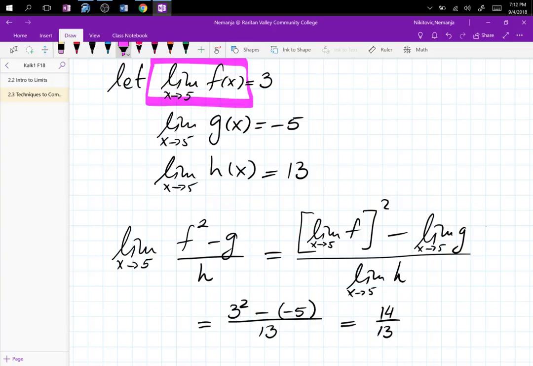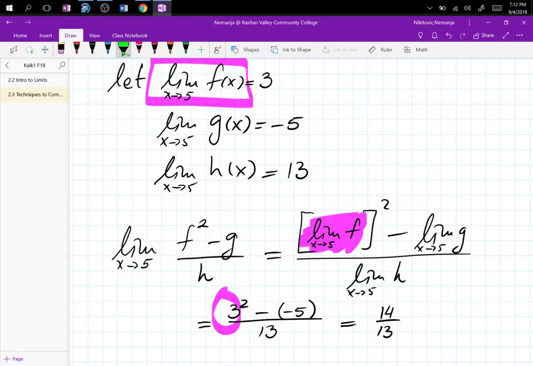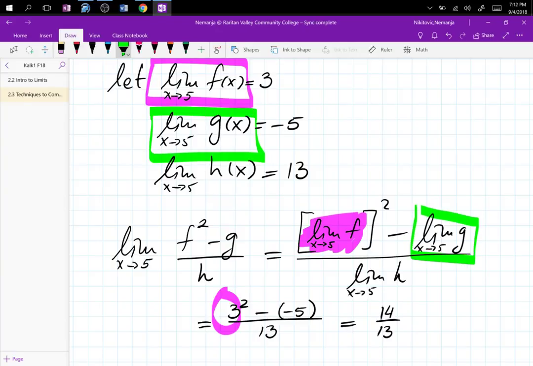So this block is this block. So you swap it with what it is equal to, and it's 3. And then this block is this block, and you get your -5.